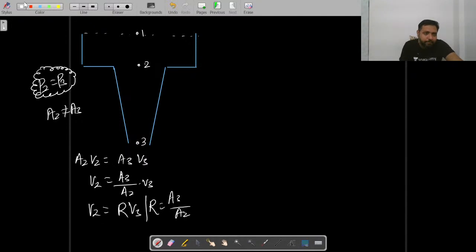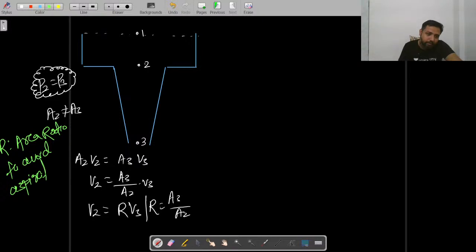Now we are saying that R is the area ratio to avoid aspiration. What is R?